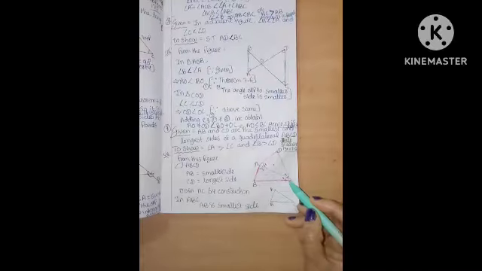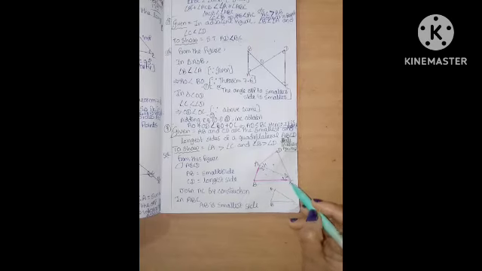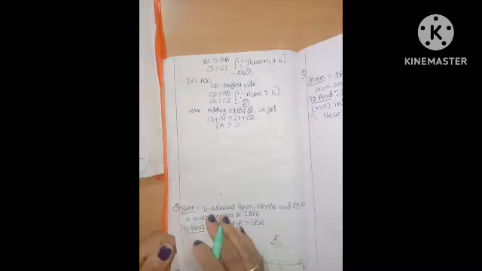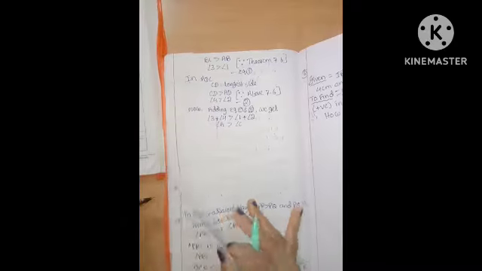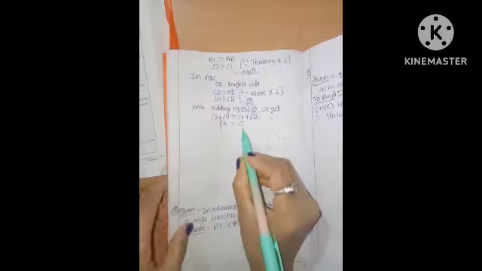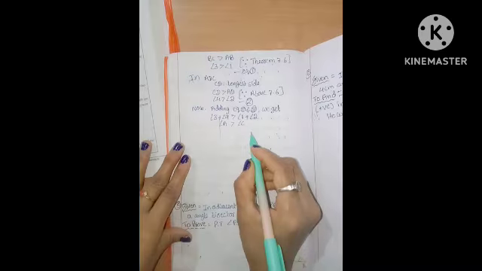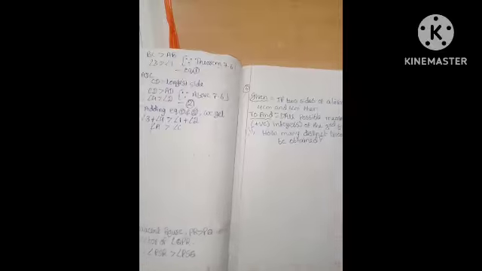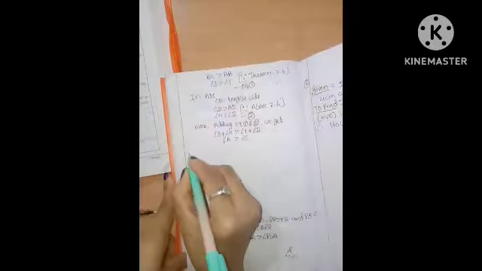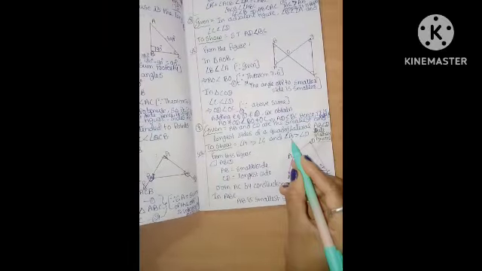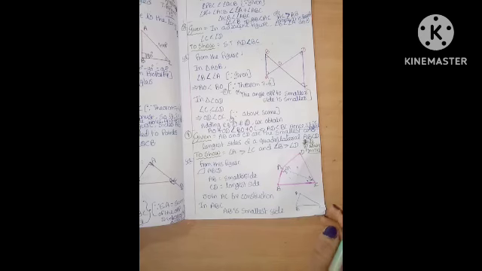Looking at this figure, angle 1 plus angle 2 is nothing but angle C. So we can write angle C. So one part of the question's solution is over. The first part is over; I had to prove this one. And next, the second one: angle B is greater than angle D.